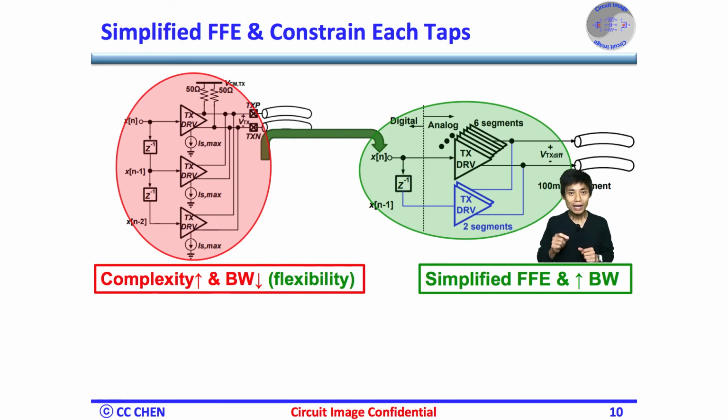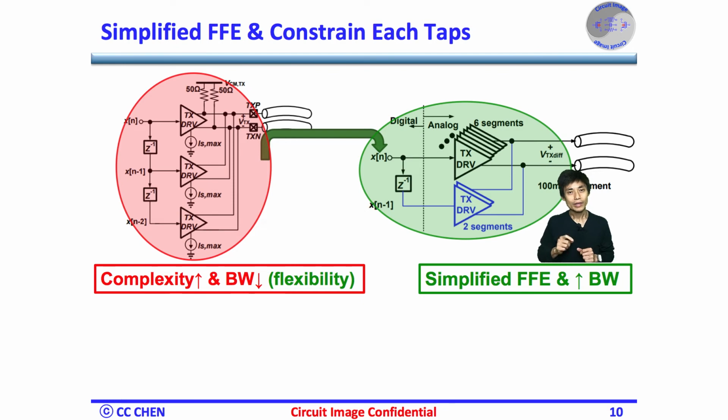Correct, we must stay with 8 segments, but use 6 segments for the main cursor tap and 2 segments for the post cursor tap. Think about the trade-offs here for 5 seconds. Right, first, with no FFE, the maximum output swing is reduced to 600 mV.